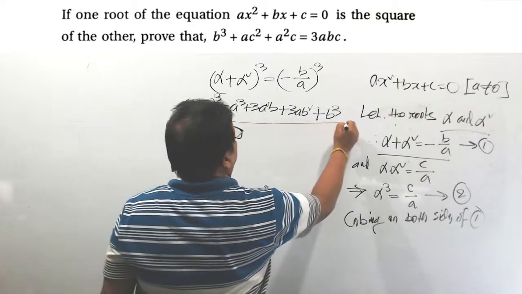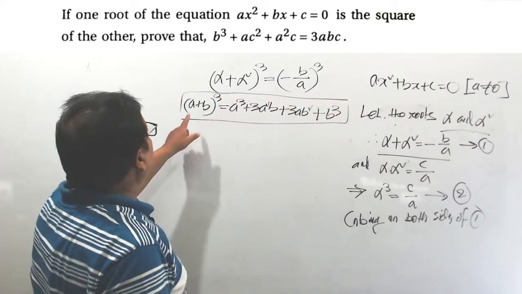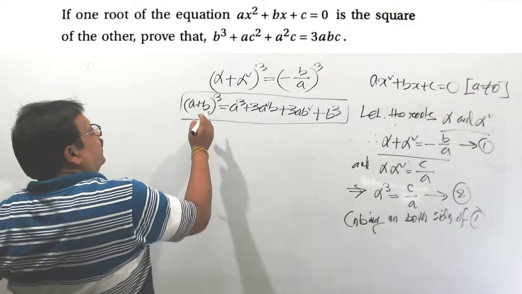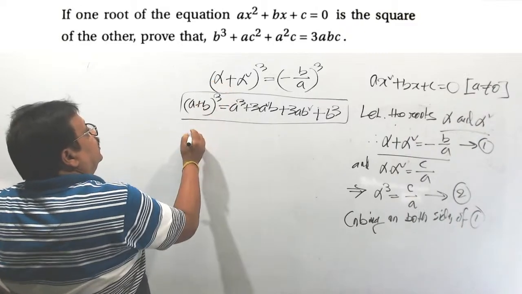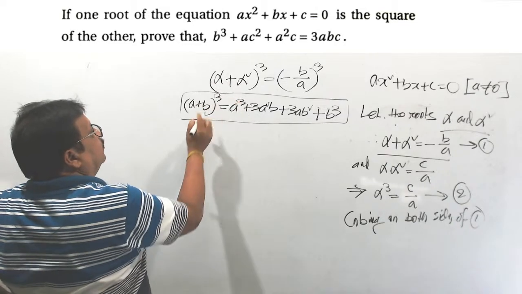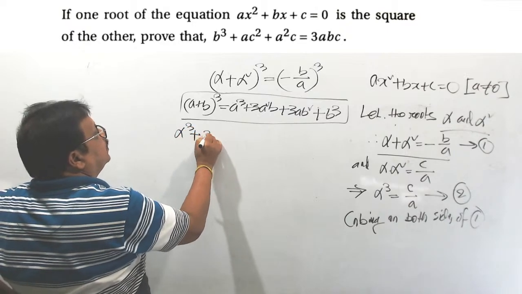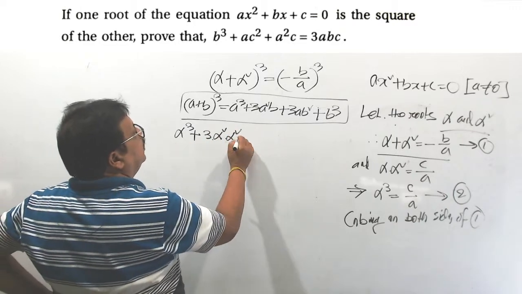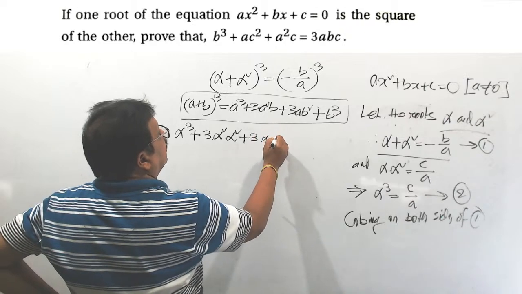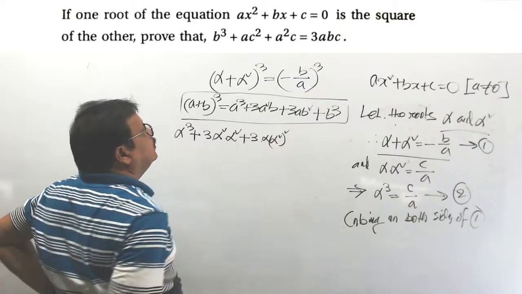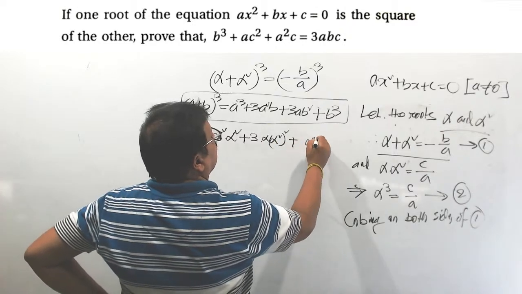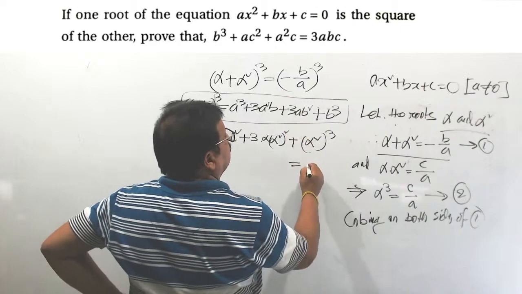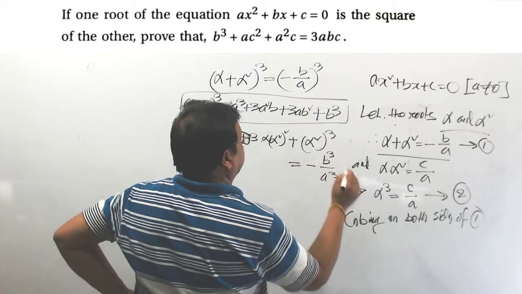We will use this formula here. Here a is alpha, b is alpha square. Clear? That is alpha cube plus thrice a square b, plus thrice a b square, plus b cube, this equals minus b cube by a cube. Clear?